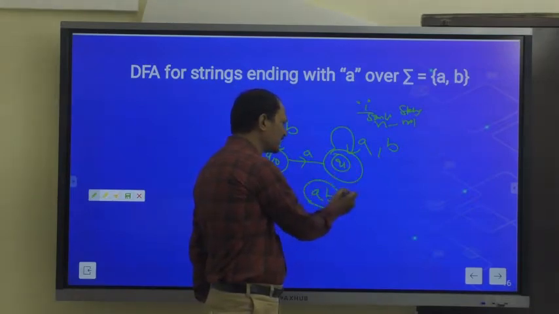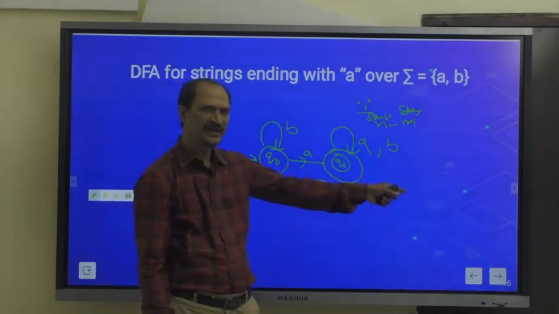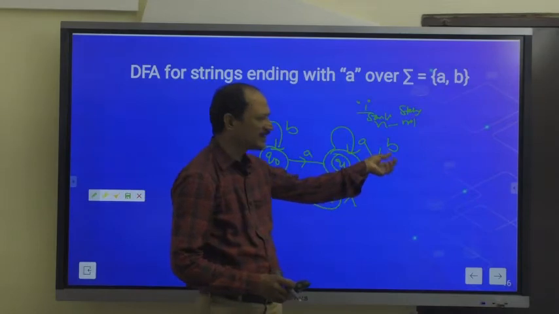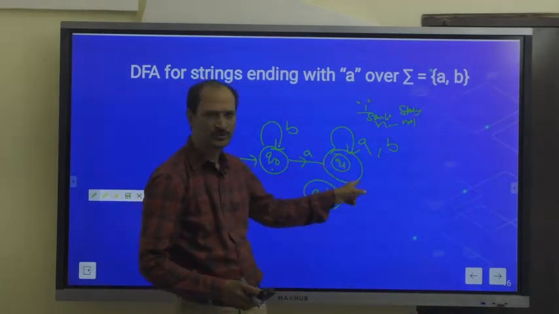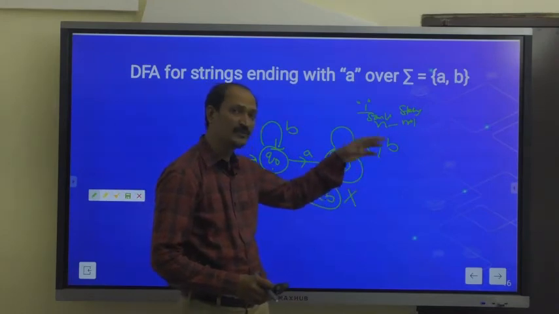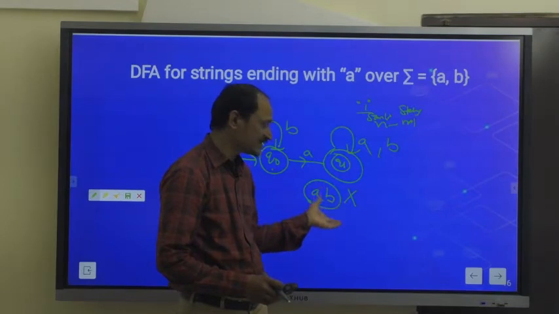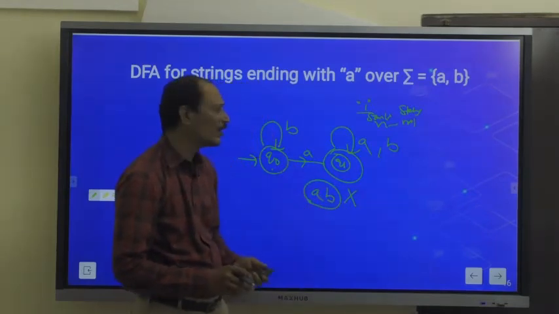This is a string that is actually not ending with A, because of the B. So the connection we have given is wrong. With one A I can come to Q1. What happens if I apply one more B on Q1? Then it becomes AB, a string which is not ending with A. So I can't apply a self loop of B on Q1.